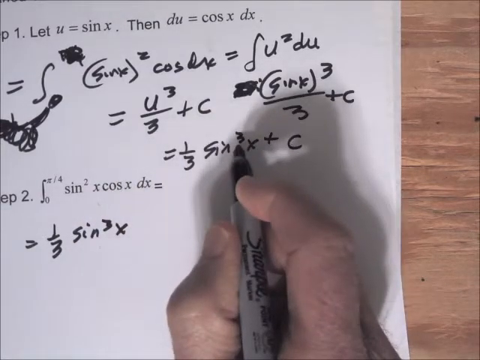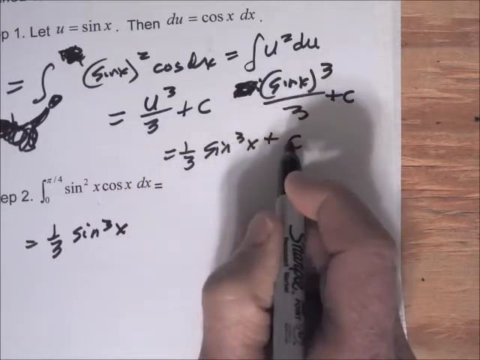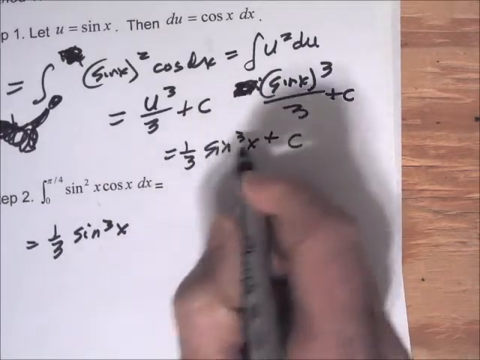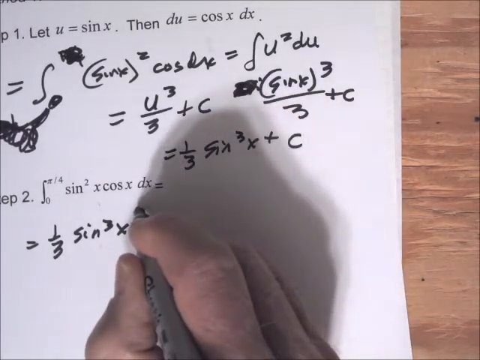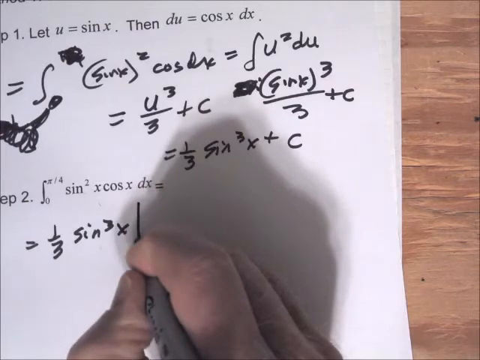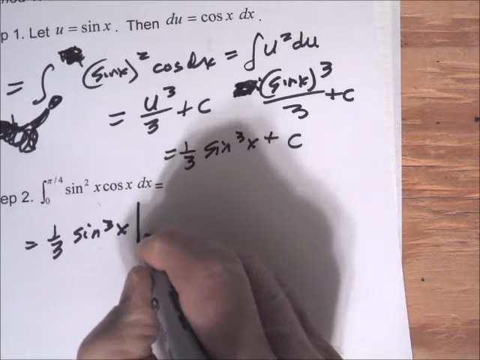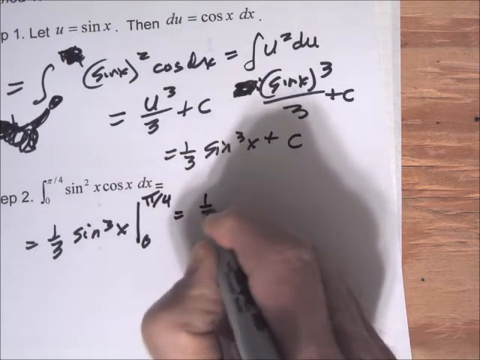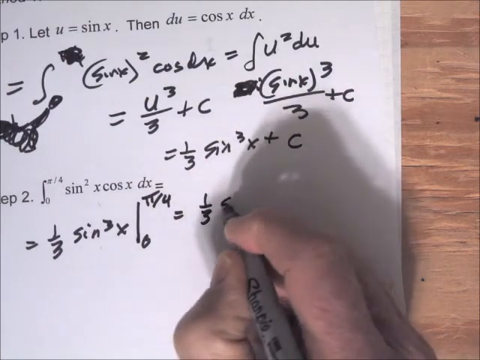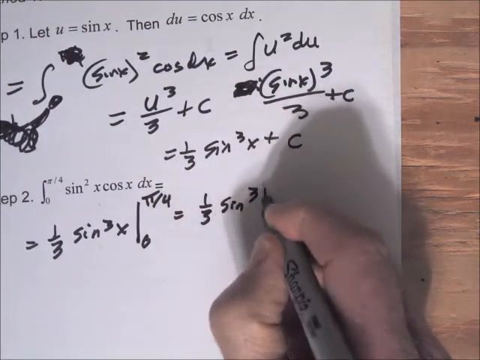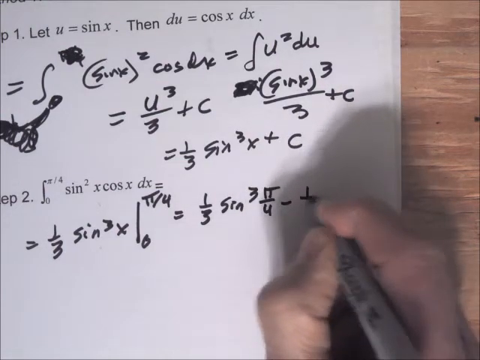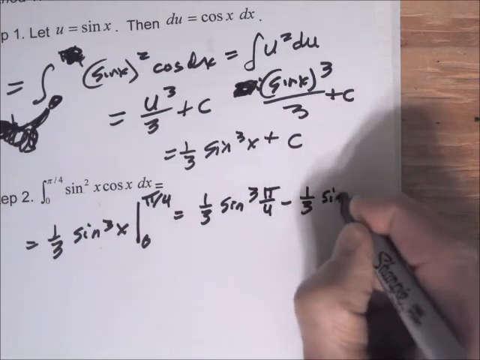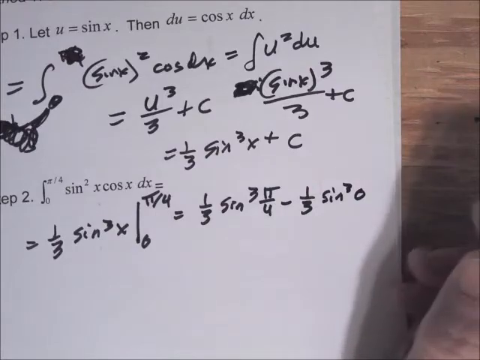For the definite integral, we don't need the plus a constant, since any antiderivative will produce the same result, and we want to evaluate this at 0 and pi over 4. So this will be 1/3 sine cubed of pi over 4 minus 1/3 sine cubed of 0.